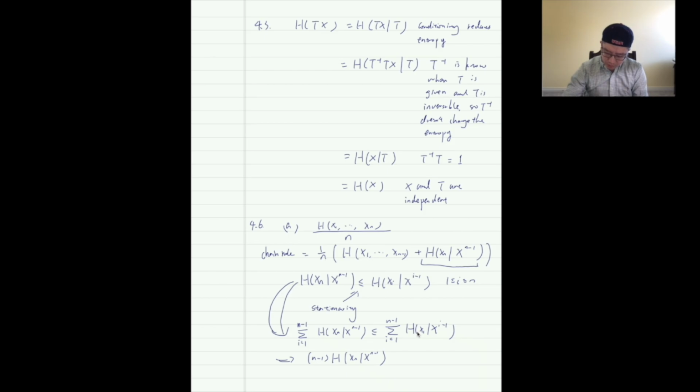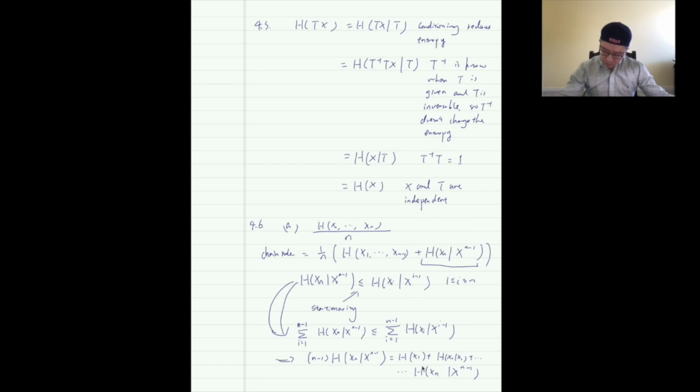If we write this out, it'll be H(X1) plus H(X2 given X1) plus until H(X_{n-1} given X_n) plus H(X_n given X_{n-1}), right? So this is exactly the chain rule of the joint entropy from X1 to X_{n-1}.